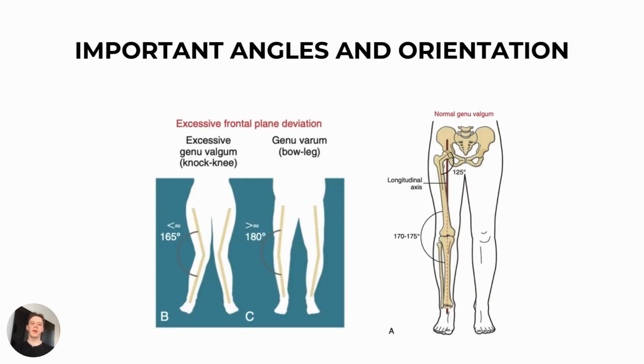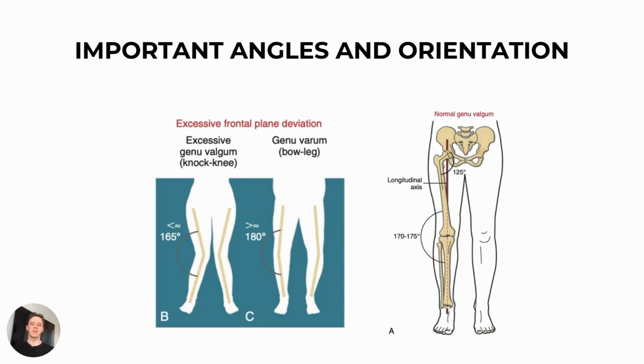Once again, I would like to introduce some important angles and orientations of the knee joint. We have the so-called natural valgus angle of the knee, or what we call genovalgum at some point. In normal anatomy, we see that this angle measures between 170 and 175 degrees when measured horizontally.